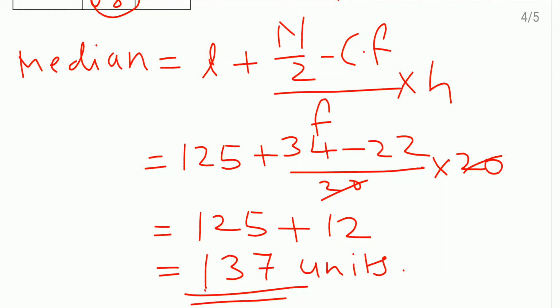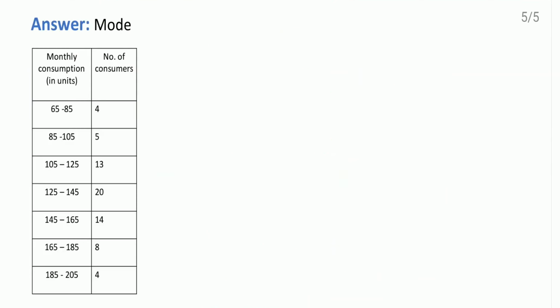Now we did the mean, we did the median. The last thing is that we have to find the mode. Let us see the mode now. For the mode, once again, the first two columns are the same. What we'll see is the maximum frequency. This is the maximum frequency, we'll call it f1. This one is the modal class. The frequency of the previous class is f0.